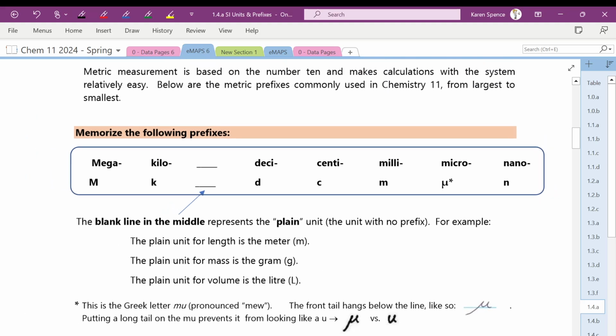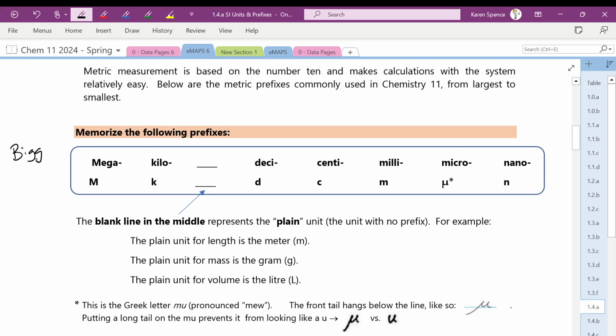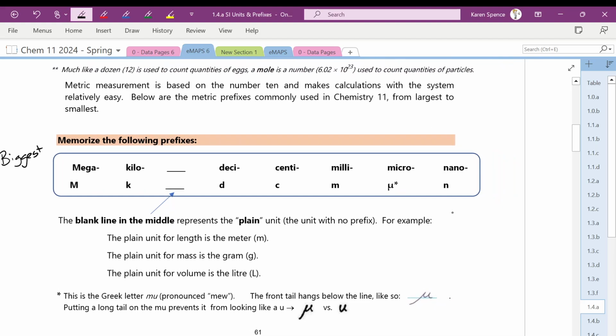But the key thing here is that we are moving from the biggest to the smallest. And in this unit, you aren't actually going to need to know what each prefix stands for. We're going to leave that for unit 2, but you're going to learn what the prefixes are and what their abbreviations are. Okay?